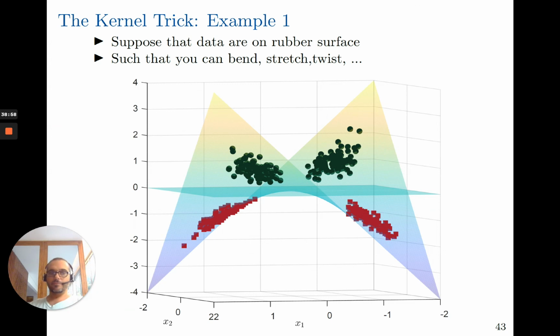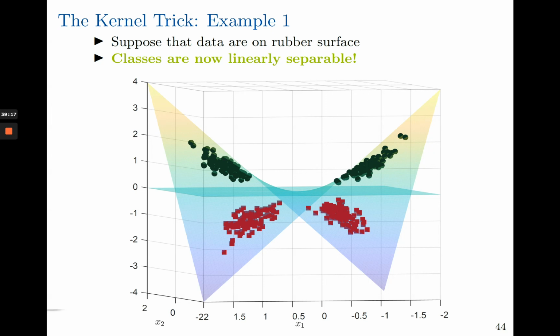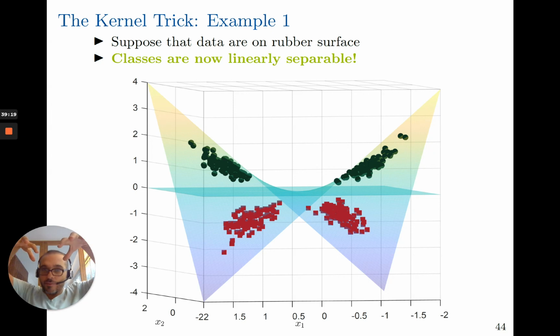Look at that. So you can see now that we moved into this new space. We moved from 2 dimensions to 3 dimensions. Now we have the red points on the bottom of this space and the green points on the top of this space.